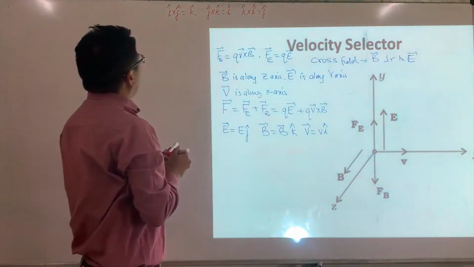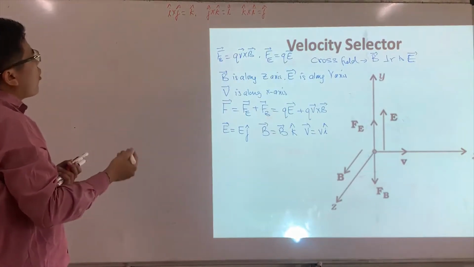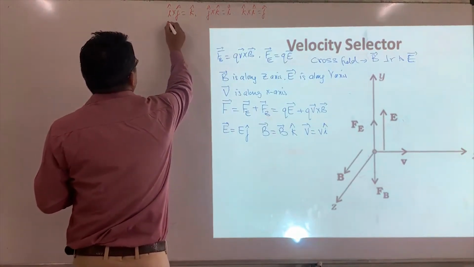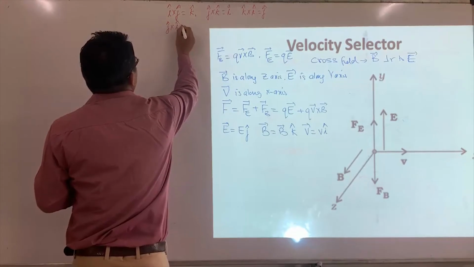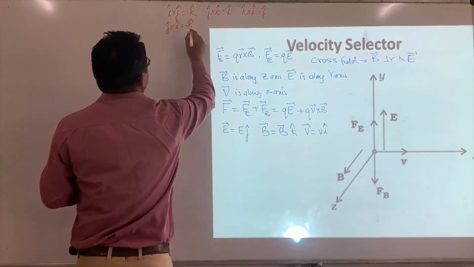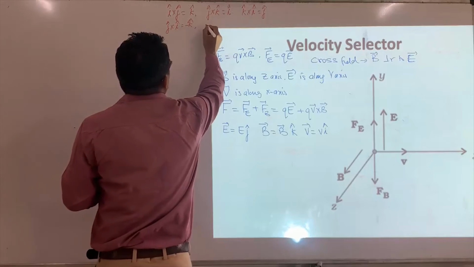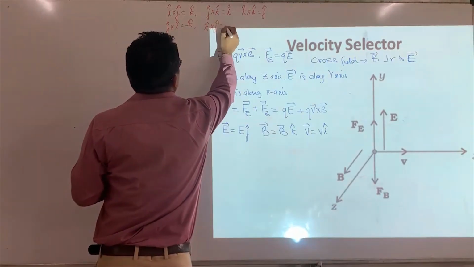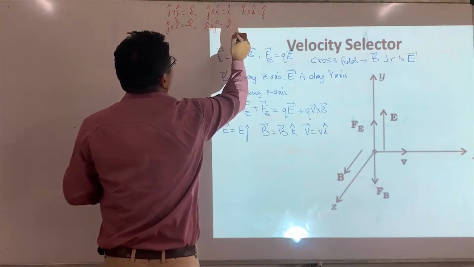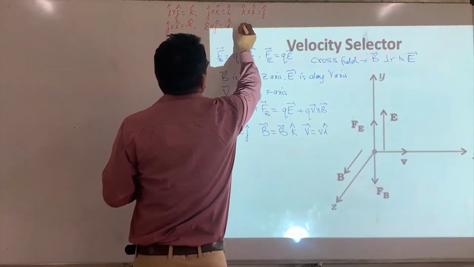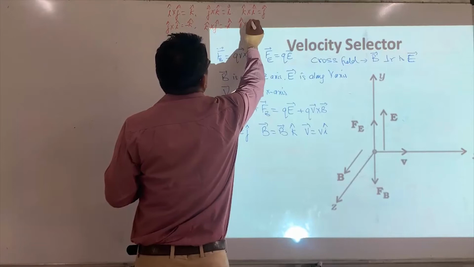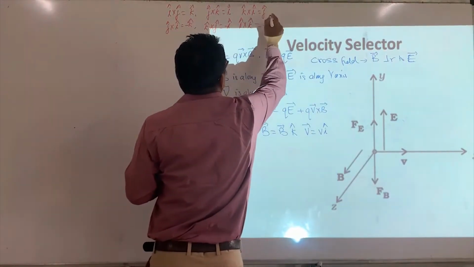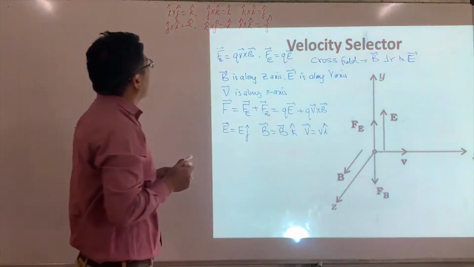And it's just the opposite if reversed: j cross i is minus k cap, this is anti-commutative, learned in class 11. k cross j is minus i cap, and i cross k is minus j cap. So you should know this, right? I think you have learned this in class 11.